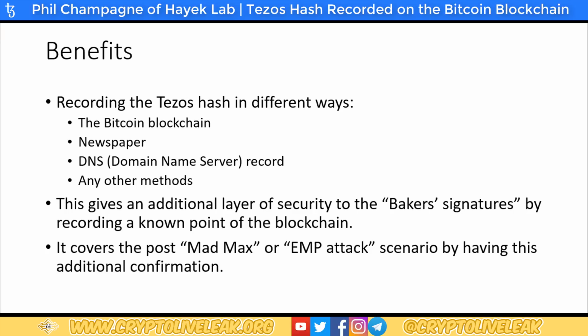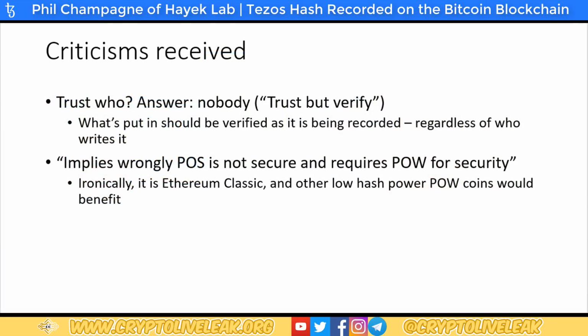And so to come back to slide 8, I was a little bit surprised by the criticism that I received with this. There were two, and there's some value in bringing up the points. One of them is: why would they trust us to record the information? Well, that's a good question, and nobody should trust anybody.